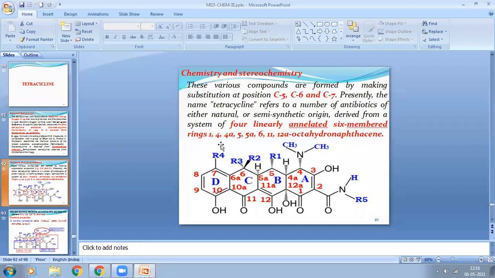All of the tetracyclines contain four linearly annulated six-membered rings, the basic nucleus called octahydronaphthacene.